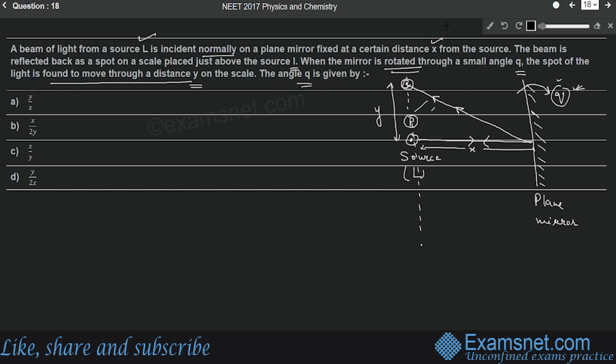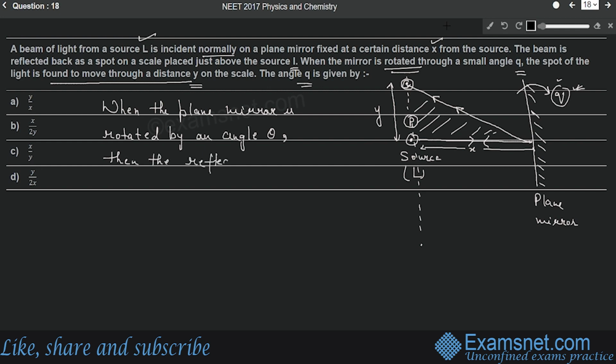Now, if we look at this triangle, this shaded portion, first we should remember that when the plane mirror is rotated by an angle theta, then the reflected ray is rotated through double that angle, that means 2 theta.